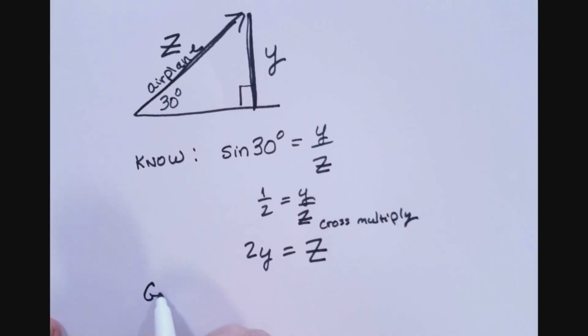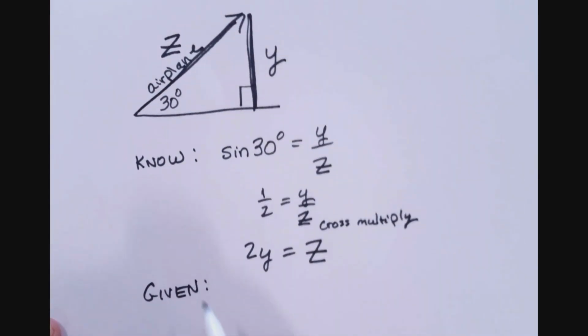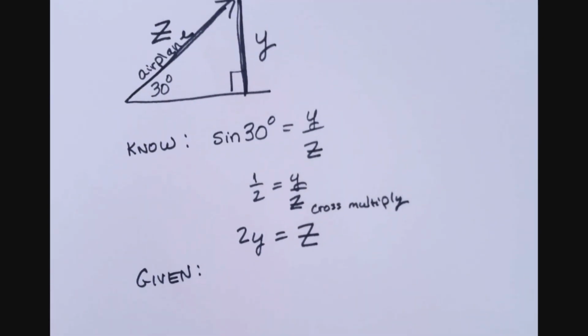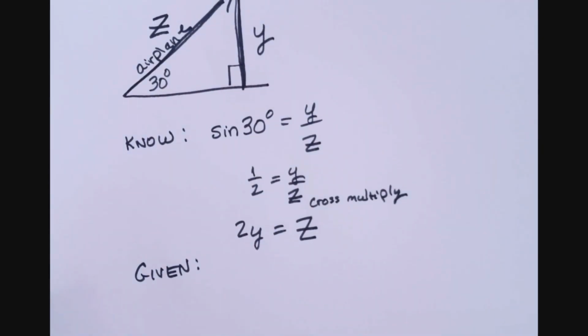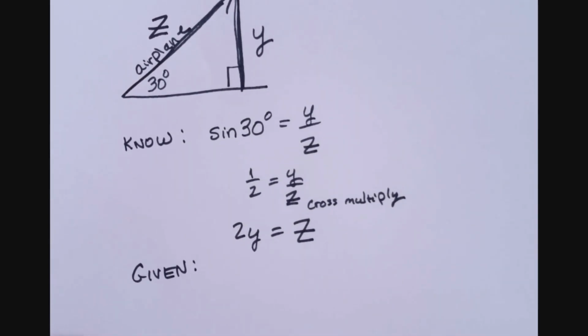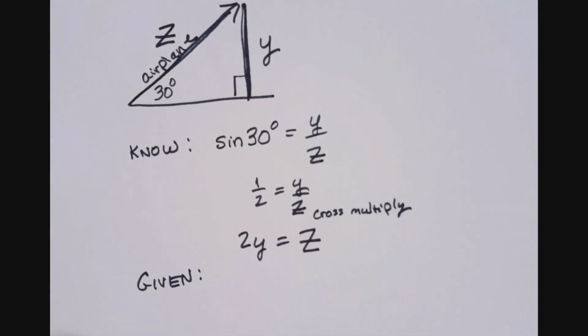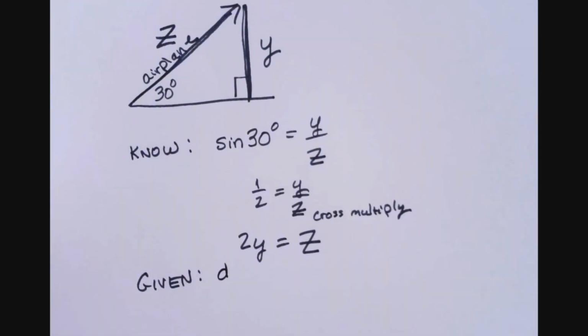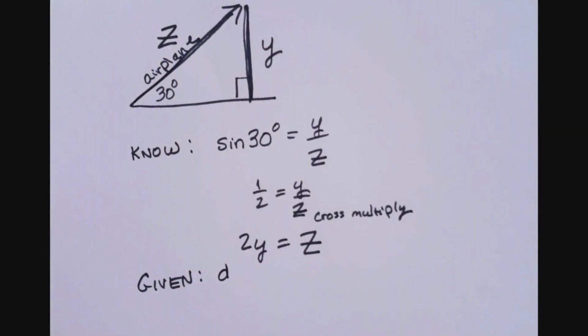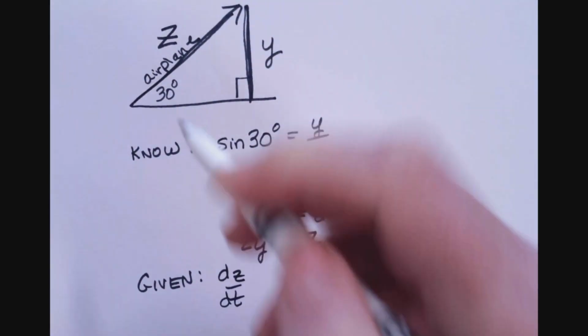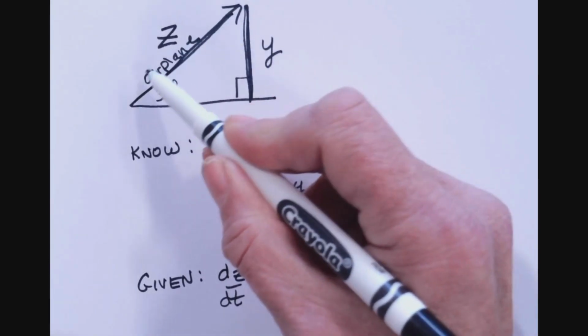And let's see, what are we given? Let's read through that again. Aircraft is climbing at a 30-degree angle to the horizontal. We already have that in there. How fast is the aircraft gaining altitude if its speed is 500 miles per hour? What am I going to label that 500 miles per hour? Velocity. Is it dy or dz? dz. dz dt, because here's the airplane. The airplane's traveling here.